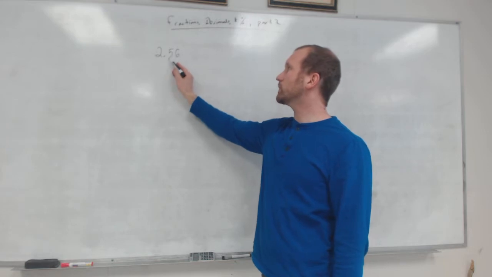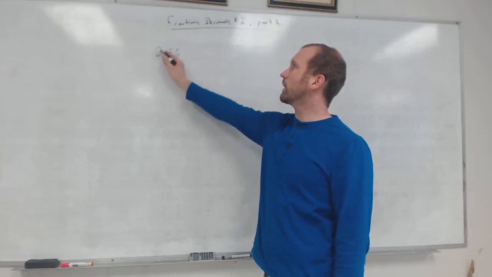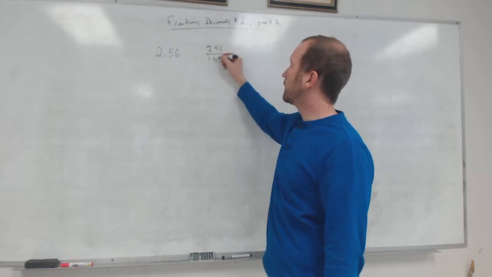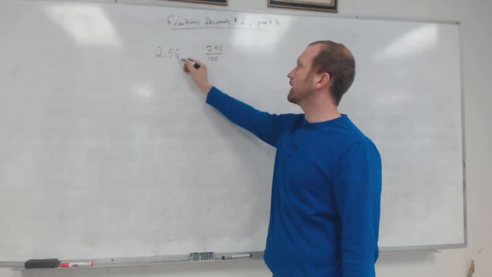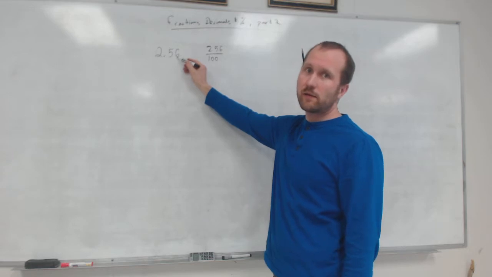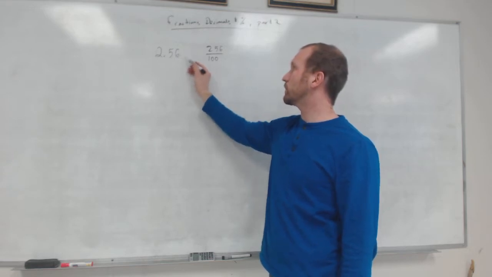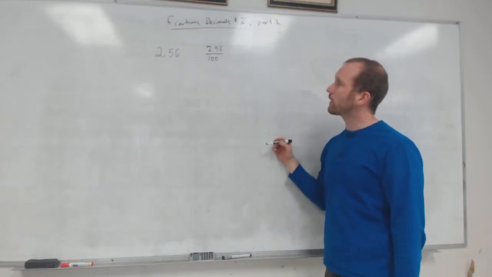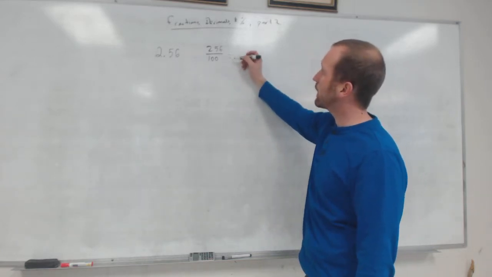If I have two numbers to the right of my decimal, I just write this whole number over 100, because this is the hundredths place. Or I could think of it as two numbers, so 2 zeros in my denominator. And then I would have to reduce it, right?